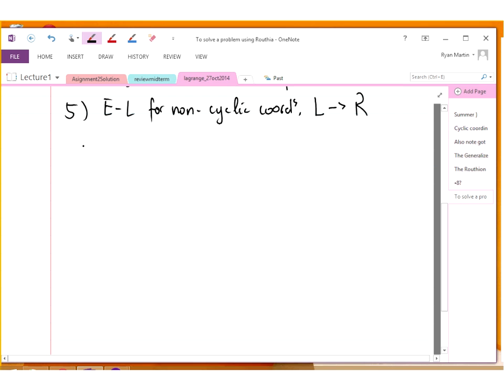So let's do an example. It's 4.10 in the notes. And let's use the Routhian for a particle in a gravitational field.